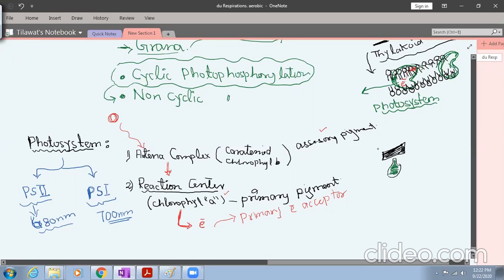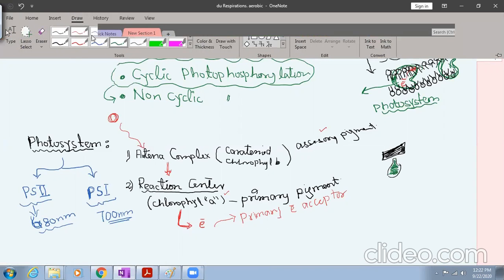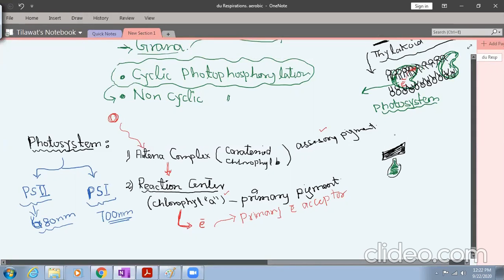Both combined, the antenna complex and reaction center plus some proteins, form the photosystem that is present in the thylakoid membrane.